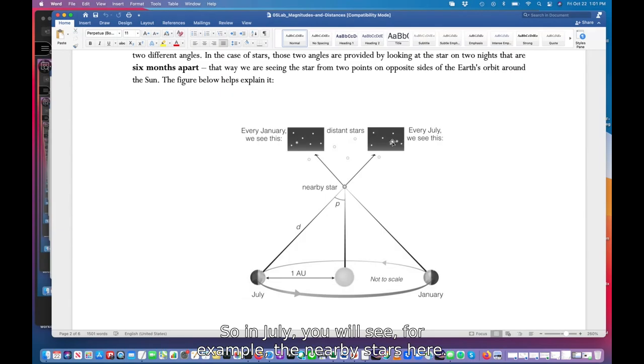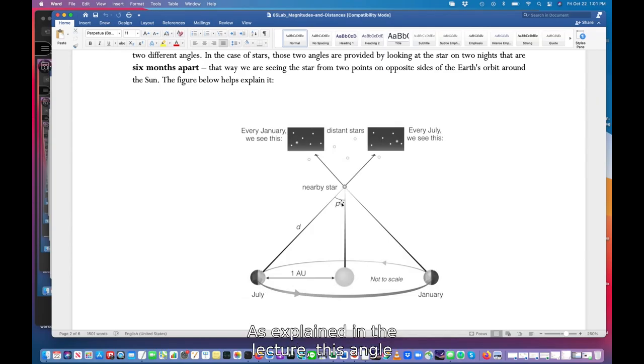So in July, you will see, for example, the nearby star here, but 6 months later, the maximal opposing distance from July, like in January, then you will see this star originally here in July shifted in terms of viewing to this position, okay? So against the background stars, the nearby star will shift.